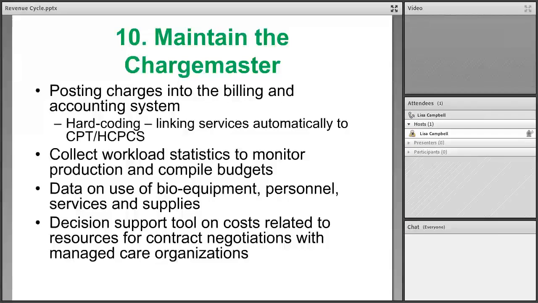So as I stated, with the Chargemaster, we're talking about hard coding. At the point of service, those departments are submitting the charge codes in the system. And when you think about it, it is in their best interest to ensure that they are capturing all the services that their department is providing. If the radiology department does 5,000 services in a week, you want to ensure that those 5,000 services are captured. Why?